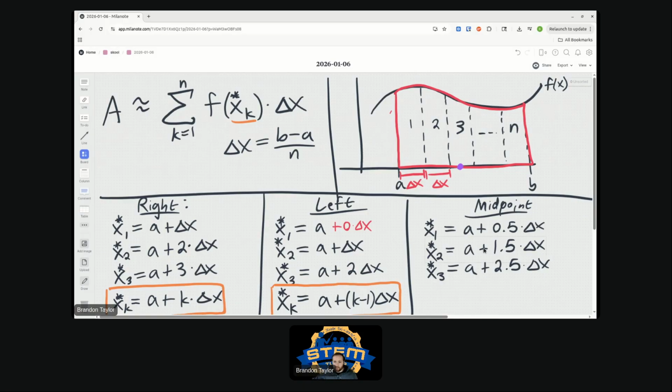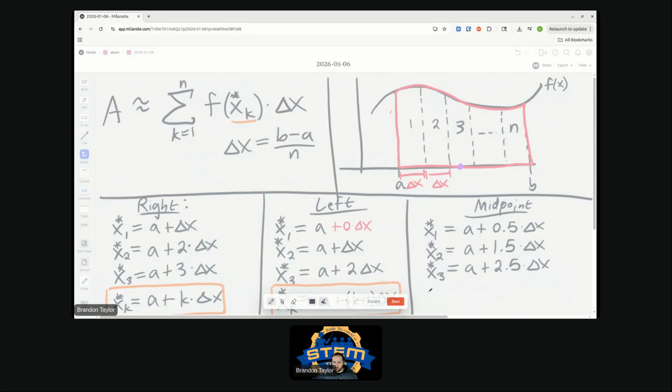We want to find a formula for the general x star k. So x star k is equal to what? What stays the same? So this stays the same. So that'll be a plus, that stays the same. This is the only thing that's changing. So we need some formula that relates whatever the k value is to that.